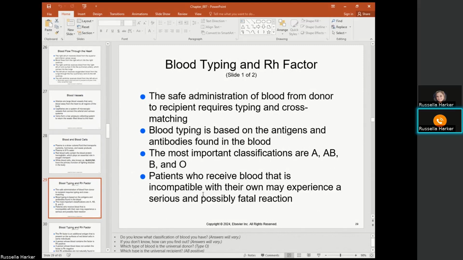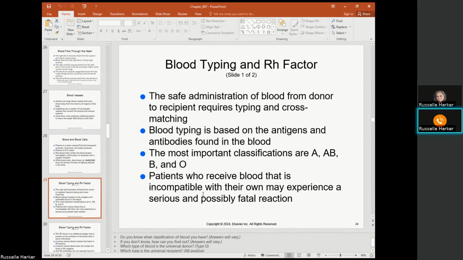And the most important classifications are A, B, AB, and O. So that is the blood type. And then whether it's negative or positive is the antigen that is on it. Patients who receive blood that is incompatible with their own may experience a serious or even possibly fatal reaction.